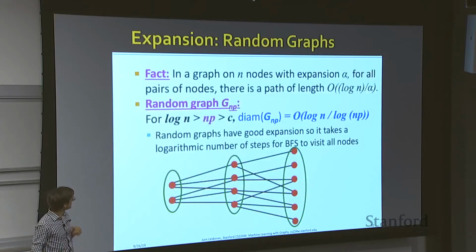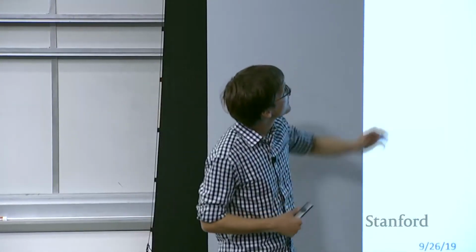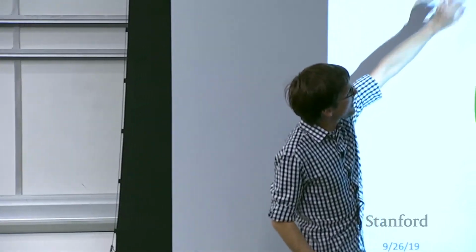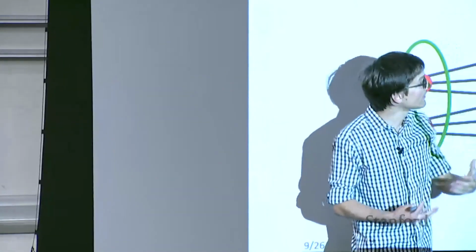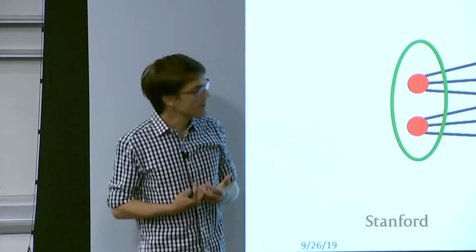So this is a dense slide, but the following is true. If you have a graph with n nodes and expansion alpha, then for all pairs of nodes, there is a path of length log n divided by alpha. Okay? Why is that the case?